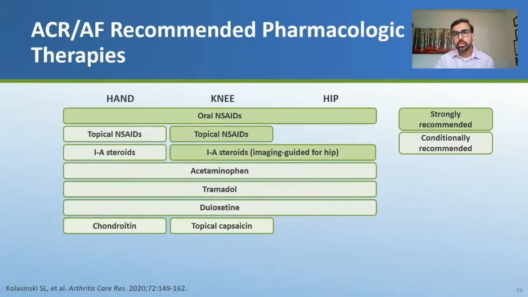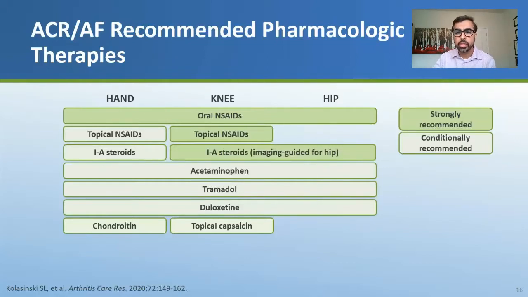In terms of pharmacologic therapies, there's a strong recommendation overall for oral non-steroidal anti-inflammatory drugs for the hands, knees, and hips. There's a conditional recommendation for a topical steroid or topical non-steroidal for the hand, and a strong recommendation for the knee.